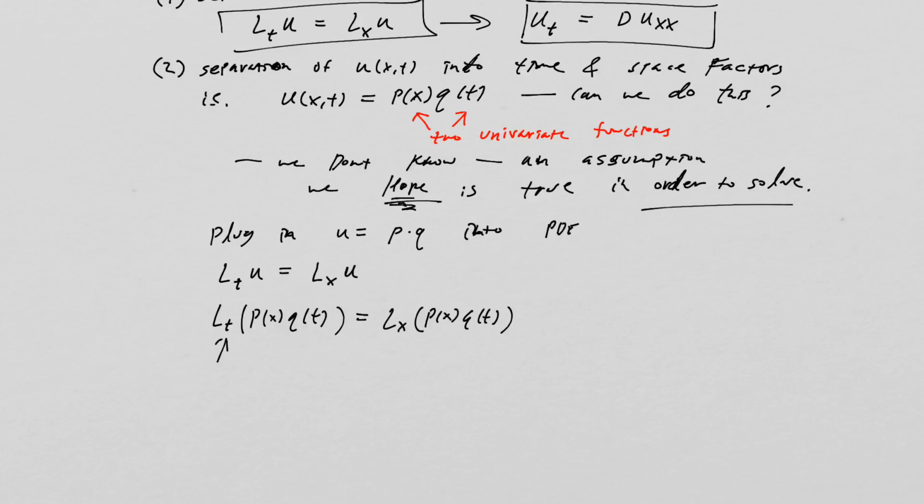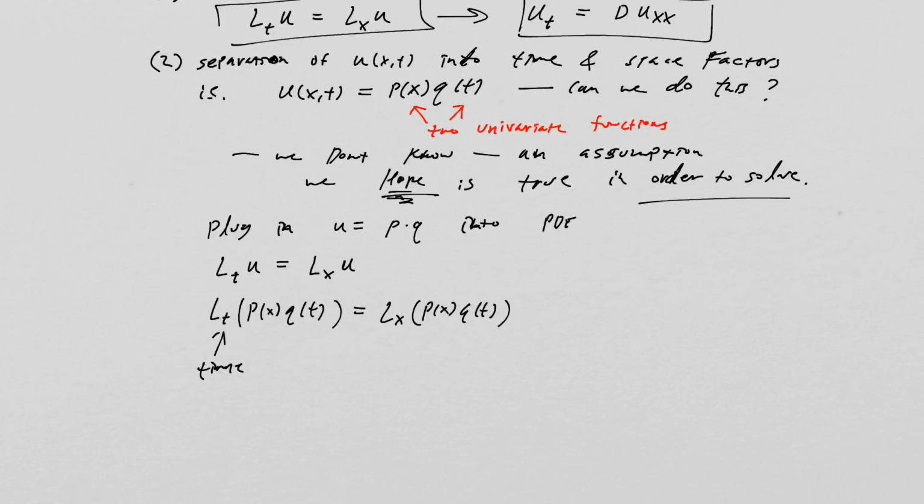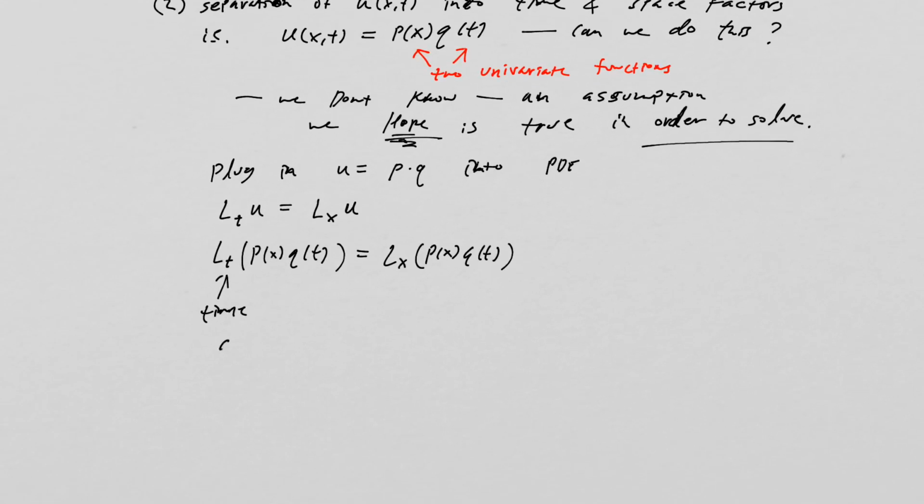So, of course, this is time only. So LT is just going to only operate on Q, and P is actually going to come right outside of it because it's a linear operator, and this is effectively a constant. And on the other side, this is, of course, space. So we should be able to bring the Q of t outside and have Lx of P of x.